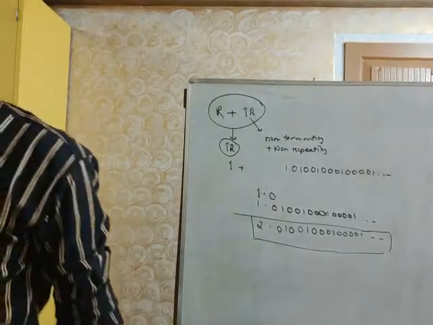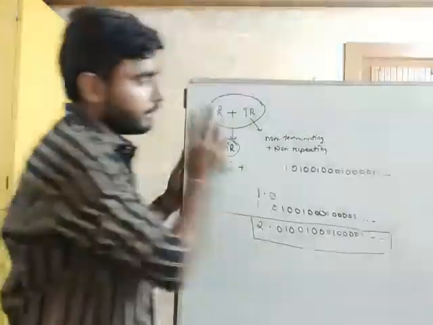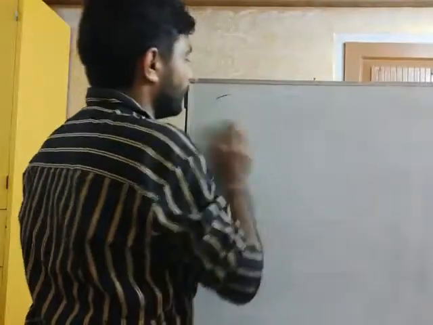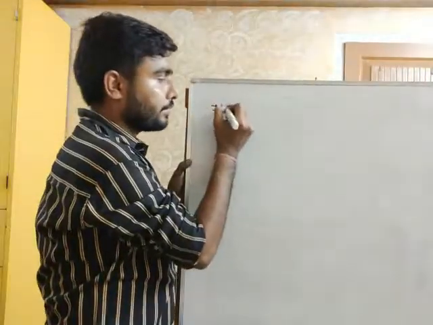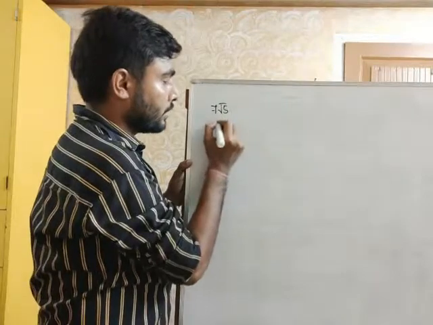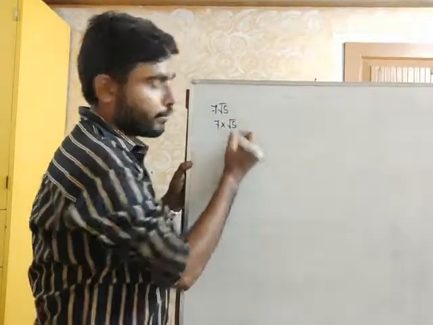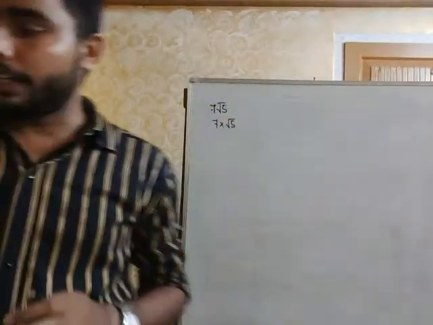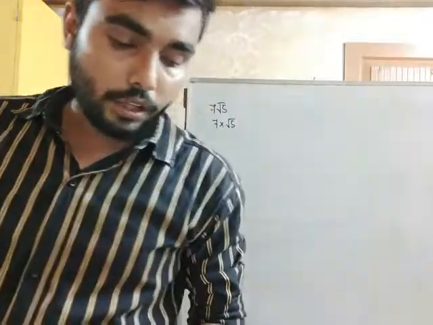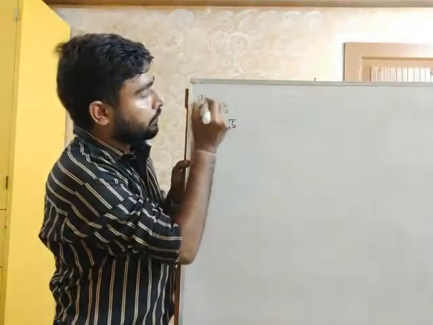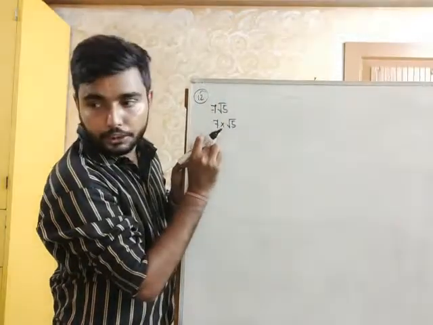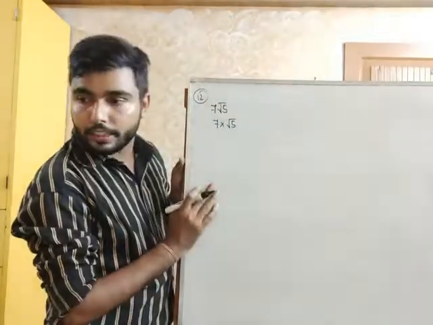Okay. So let's see example number 12 then. Check whether 7 root 5 is rational or not. 7 root 5 means 7 into root 5. You need to say whether it is a rational number or not. So now you know that 7 is a rational number and root 5 is an irrational number.